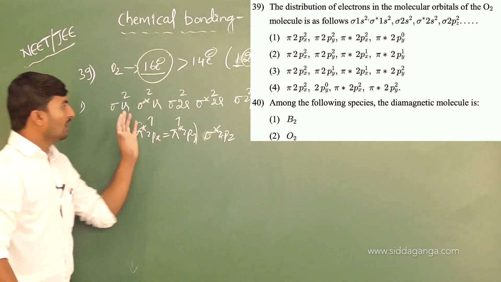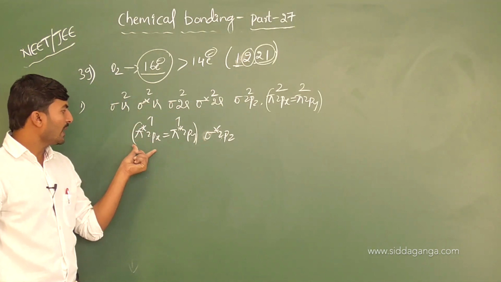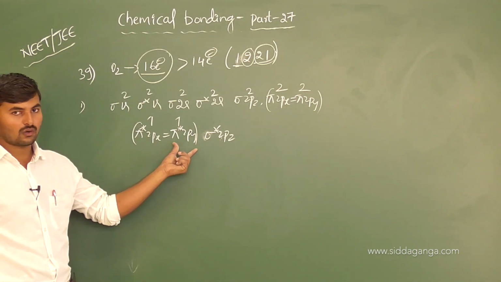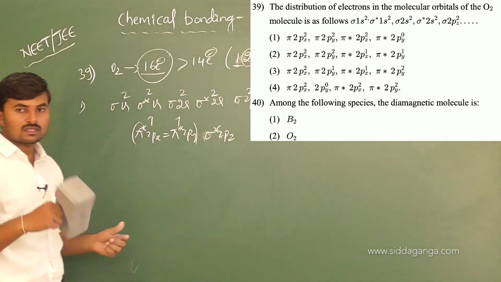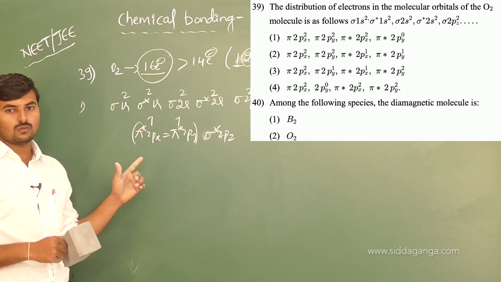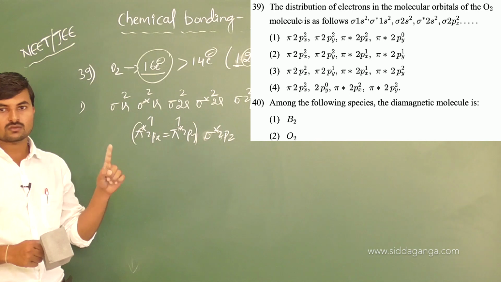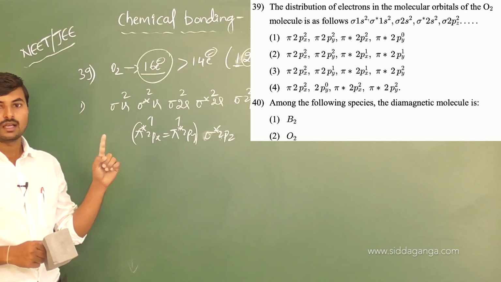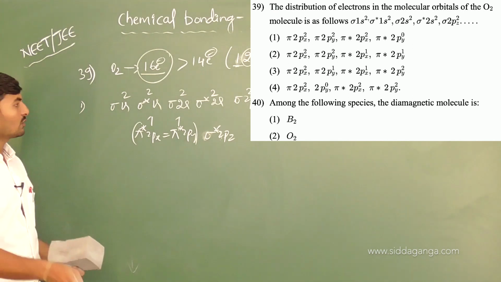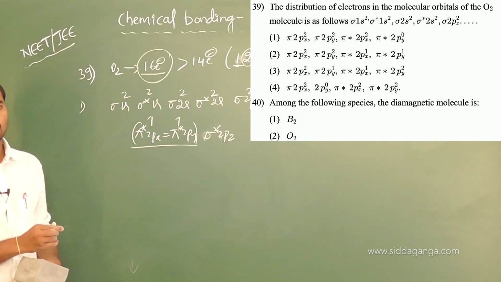Okay, in the electronic configuration of O2 molecule, the anti-bonding pi star 2px and pi star 2py molecular orbitals have single electrons. Option 1 is wrong. Option 2 is pi 2px square, pi 2py square, pi star 2px 1 electron, pi star 2py another electron. Okay, that will be the correct option, as pi star 2px and pi star 2py both have single electrons. Okay, which is the correct option then?